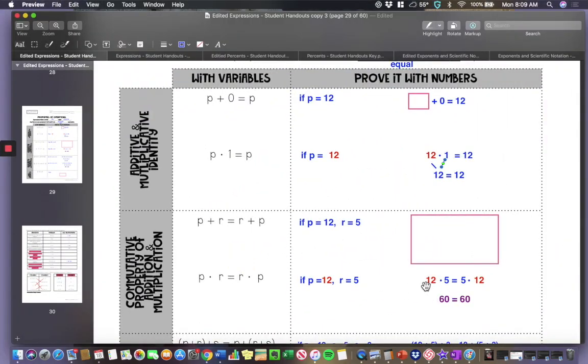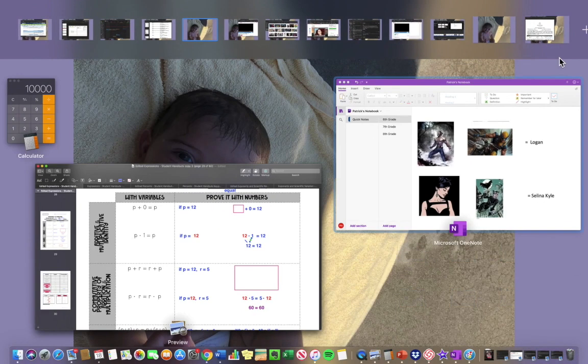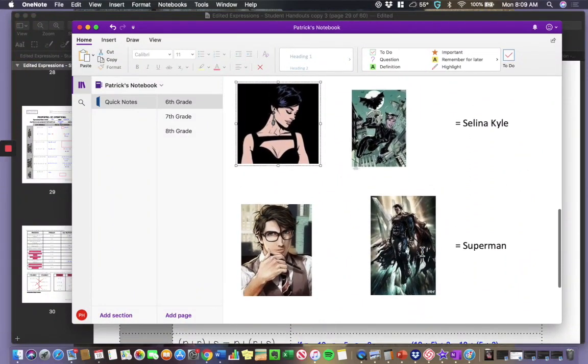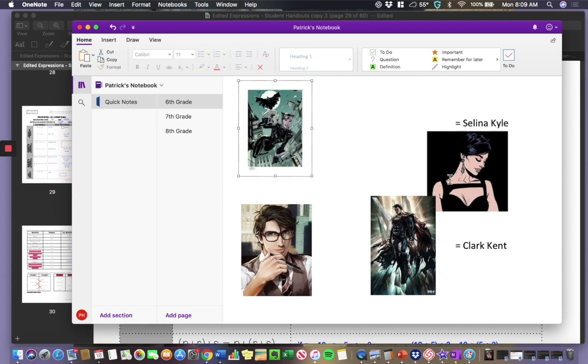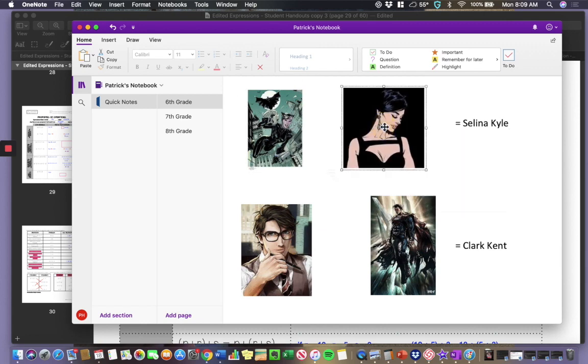I wanted to point out one thing, kind of irrelevant to the lesson possibly. Superman's identity is actually not Superman. His identity is actually Clark Kent. He's a little unique because most people think of the secret identity of Catwoman, for example.